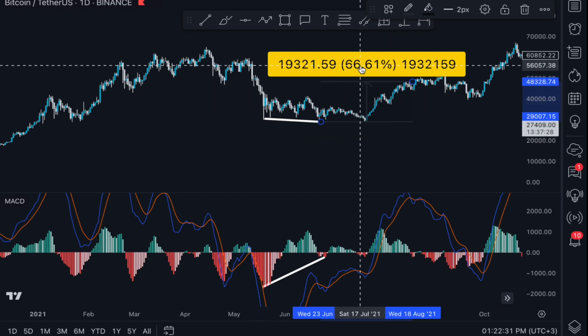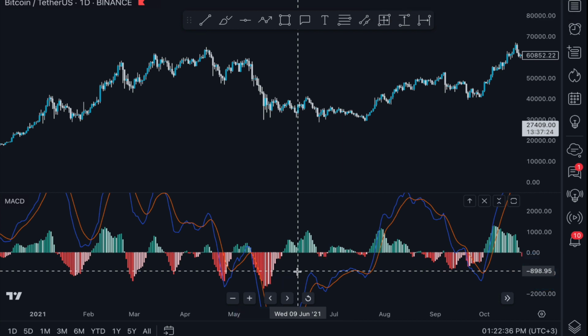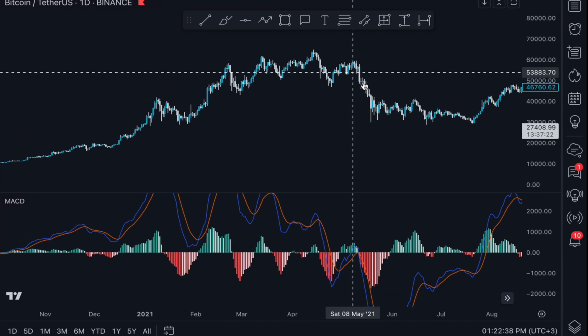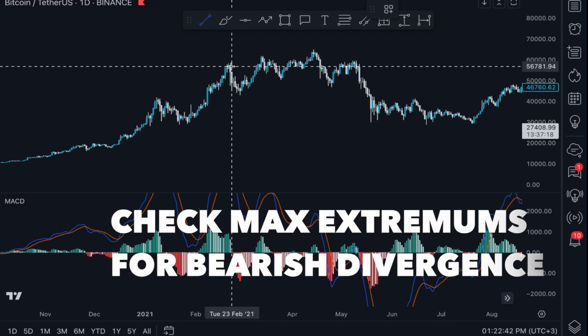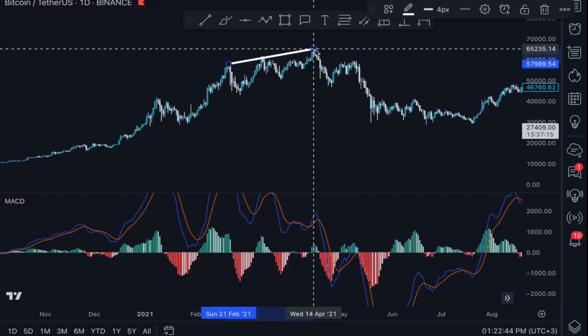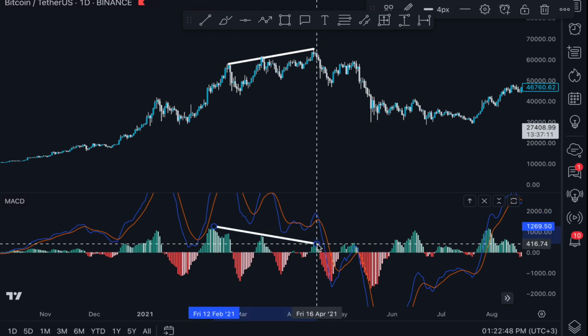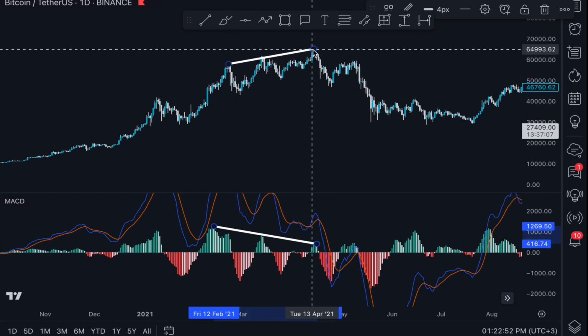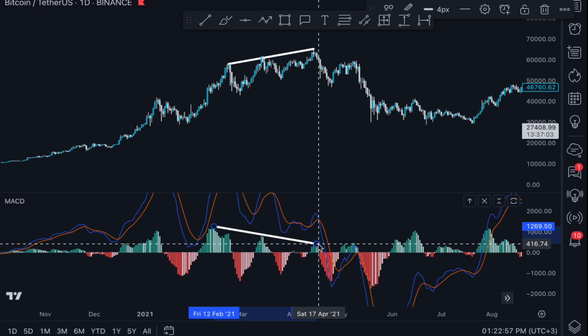At the same time, when we are talking about bearish divergence, we look not at minimums as for the bullish divergence, but at the maximums on the price and the maximums on the indicator. As we had, for example, in April 2021, we had higher maximums on the price and lower maximums on the indicator.